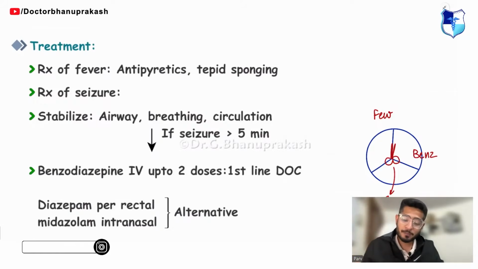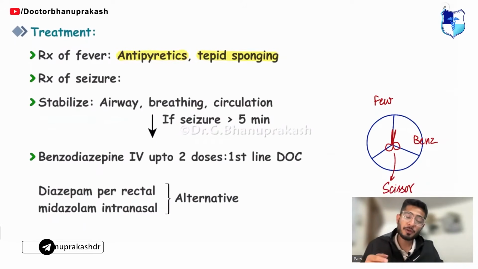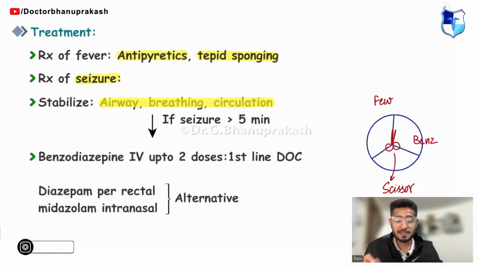What is the treatment? First line, if somebody asks you, is antipyretics and tepid sponging. Then, what is the treatment of the seizures? Because it's an emergency, first airway, breathing, and circulation. But if the seizure lasts more than 5 minutes, you have to give benzodiazepines.